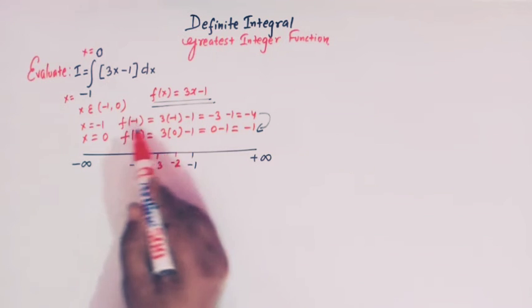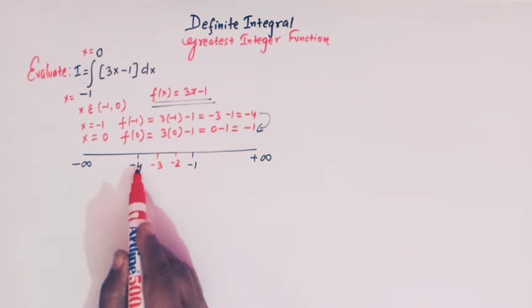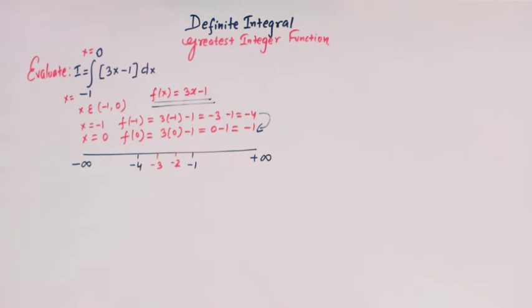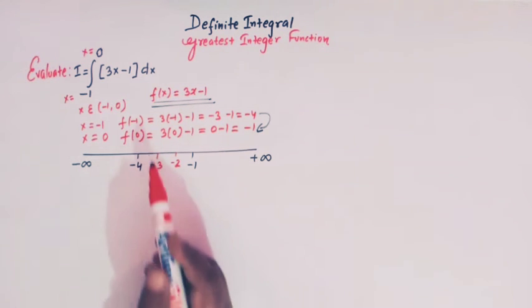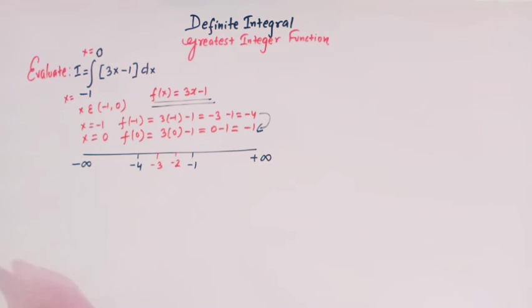So f of x, that is 3x minus 1, varies from minus 4 to minus 1. Now our next step is to express this greatest integer function as a piecewise function.